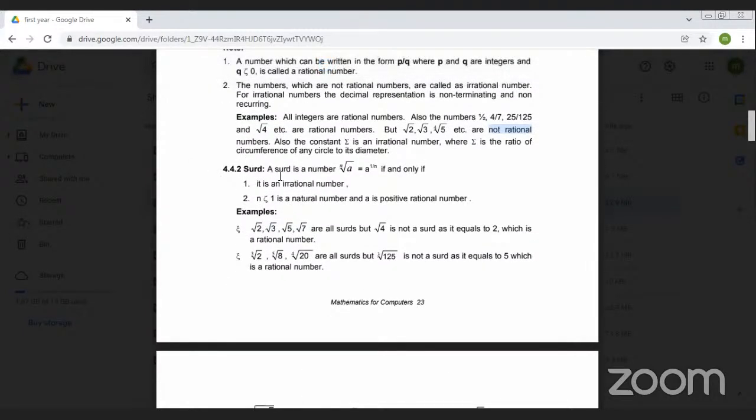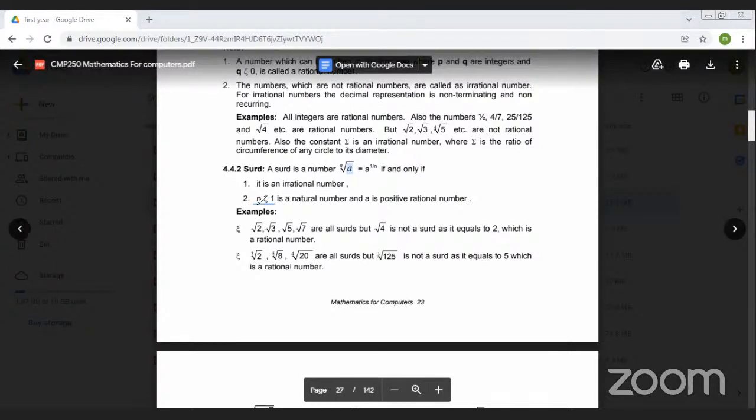Now, what does a surd mean? A surd is a number where the nth root is possible if and only if the value of a is an irrational number, and n shouldn't be equal to 1 because it is a natural number, and a is a positive rational number.